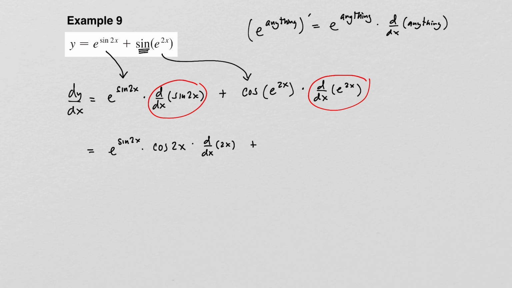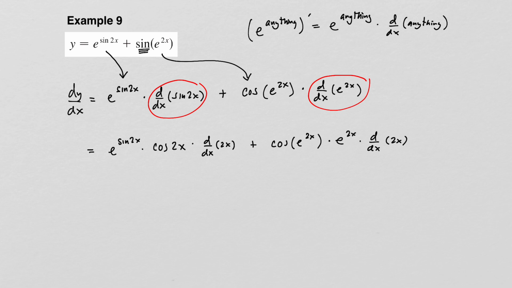And in the second one here, we have e to the 2x inside of our cosine function. And now we need to multiply by the derivative of e to the 2x. And again, the derivative of e to the anything is e to that thing times the derivative of that thing.